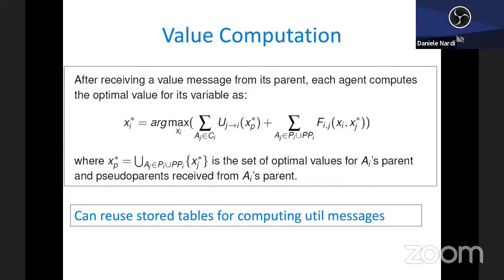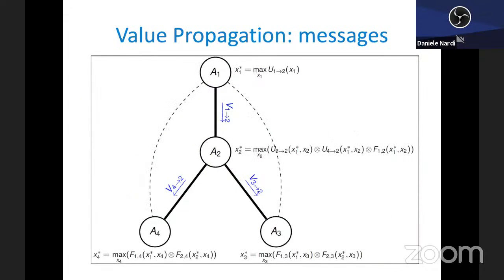So messages plus constraint. It turns out that these structures that we are computing are exactly the same structures that were computed in order to bring up the message towards the root. And therefore, they can be reused. Let me show you how.